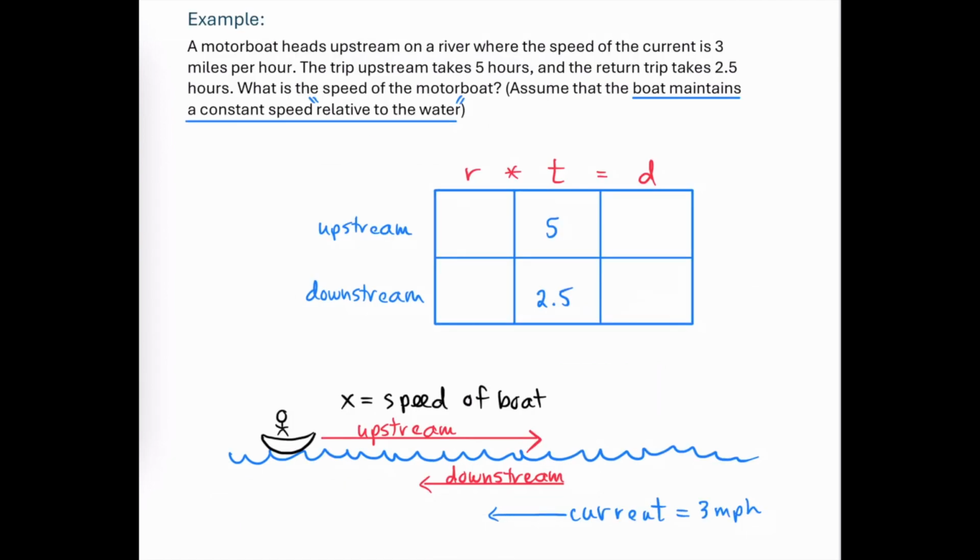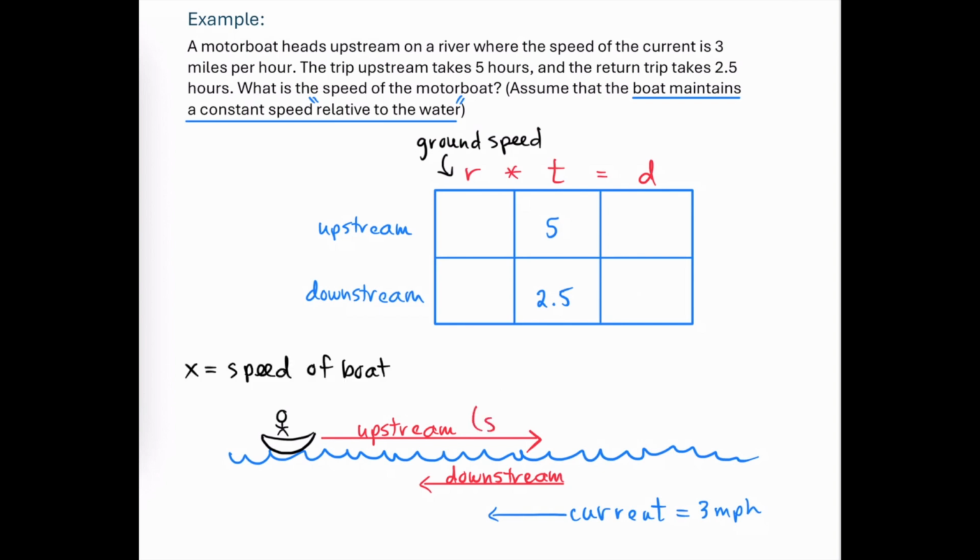Back up here in our example, when we're discussing the rate column, what we're after is actually the ground speed, which represents the true rate that the boat was actually traveling, having been assisted or hindered by the current. When traveling upstream, we're traveling against the current, so this is going to be slower. When we travel downstream, we're traveling with the current, and so this is going to be faster.